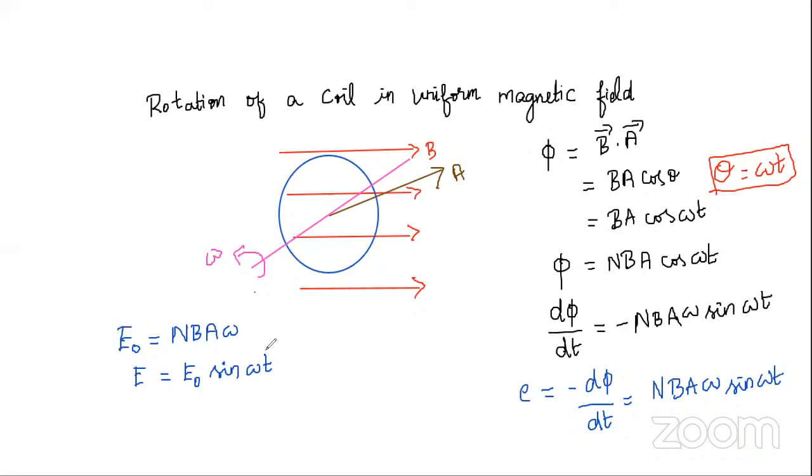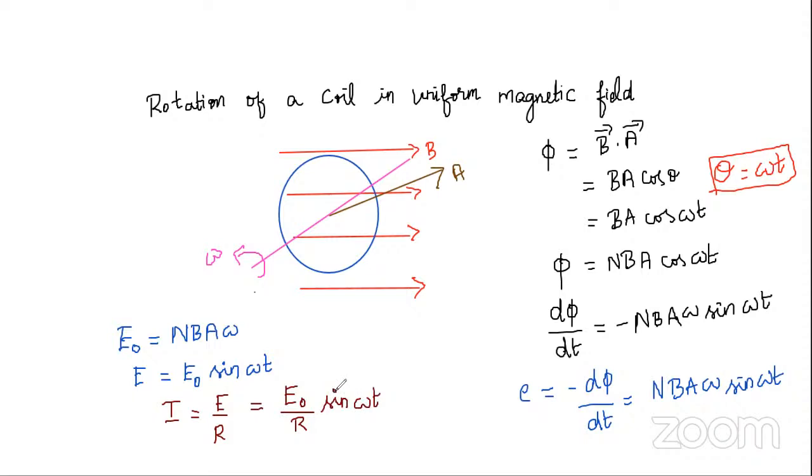Now, what is the total current flowing through the coil? That is I equals E by R, like I equals V by R, the Ohm's law. So I equals E by R means E naught by R sin omega t.